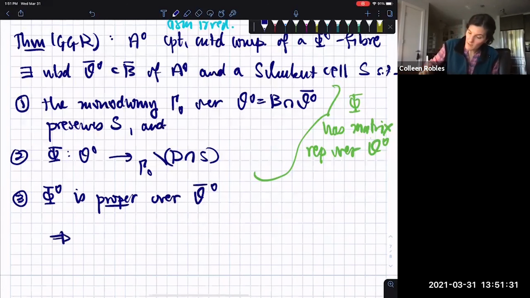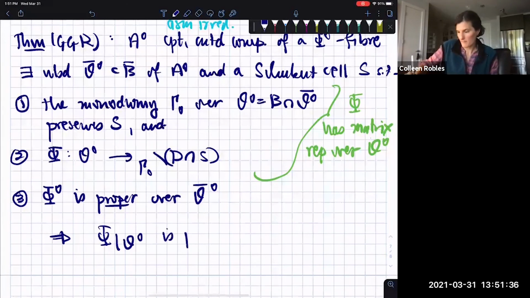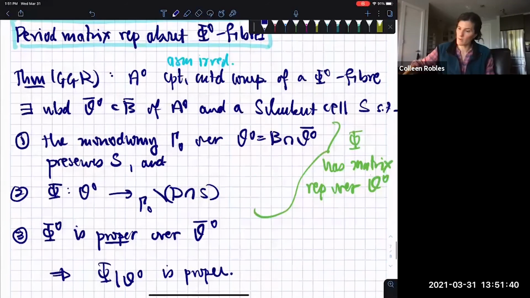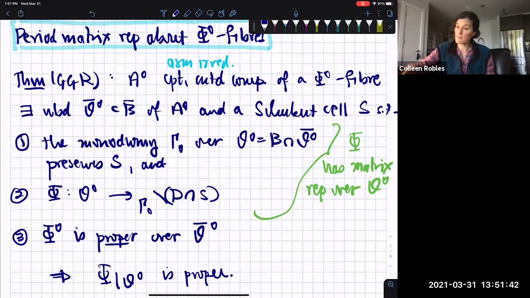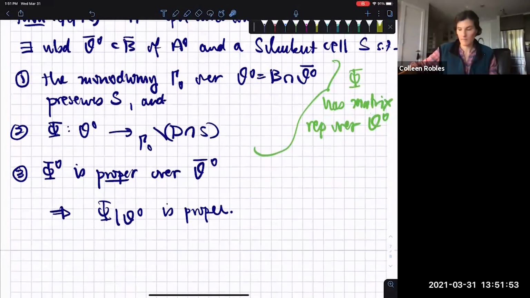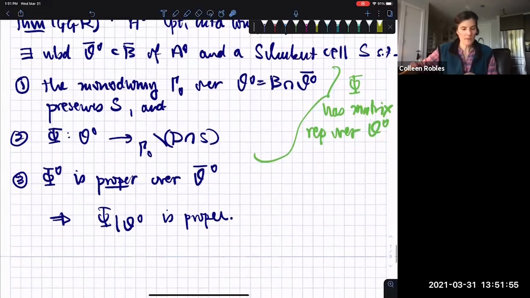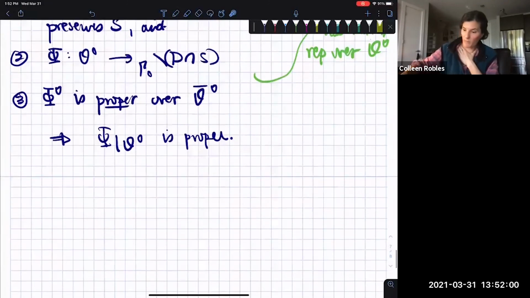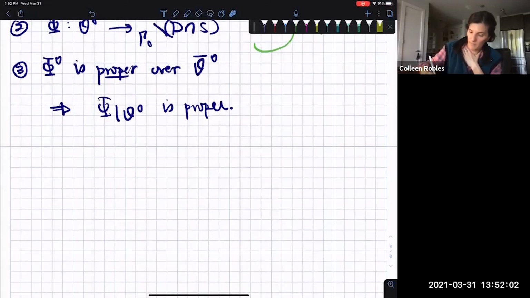So in particular, phi restricted to O naught is proper. Okay, I don't think I said it explicitly, but I am making the simplifying assumption that phi, the global phi, is proper on B. So let me say a couple of words about what goes into the proof.